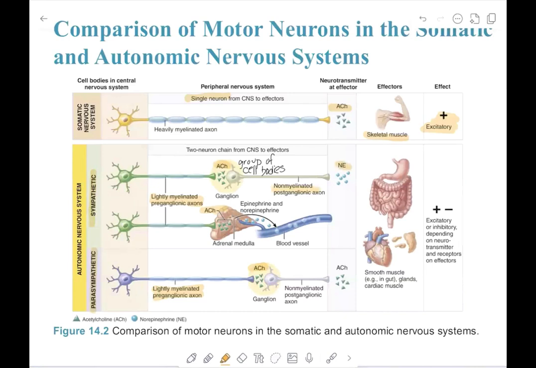Think of that kind of like adrenaline. The parasympathetic division is going to release acetylcholine, and that slows things down. So the effect can either be excitatory or inhibitory based on what effectors or receptors that neurotransmitter actually binds to.